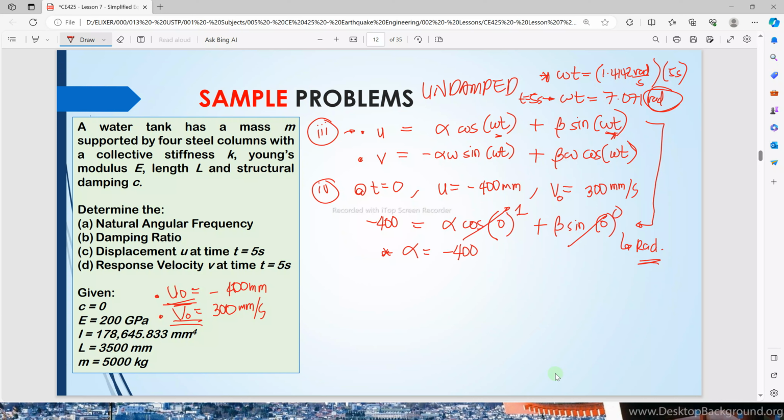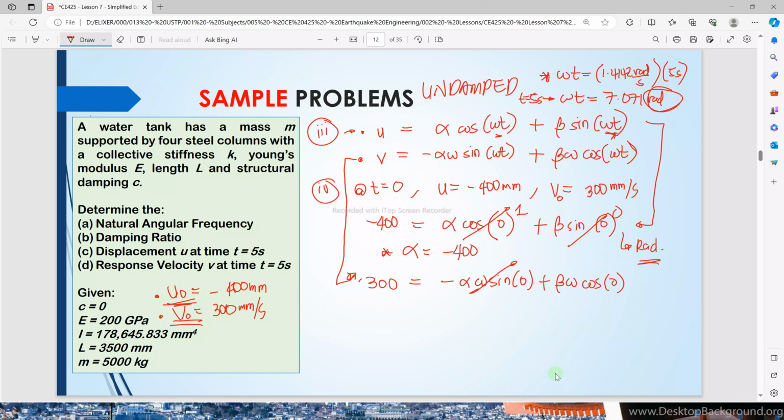How about our beta? We use the velocity equation. The initial velocity 300 is equal to negative alpha omega sine omega t, where omega t is 0 because we consider the values at time equal to 0, so sine 0 is 0, plus beta omega cosine 0.